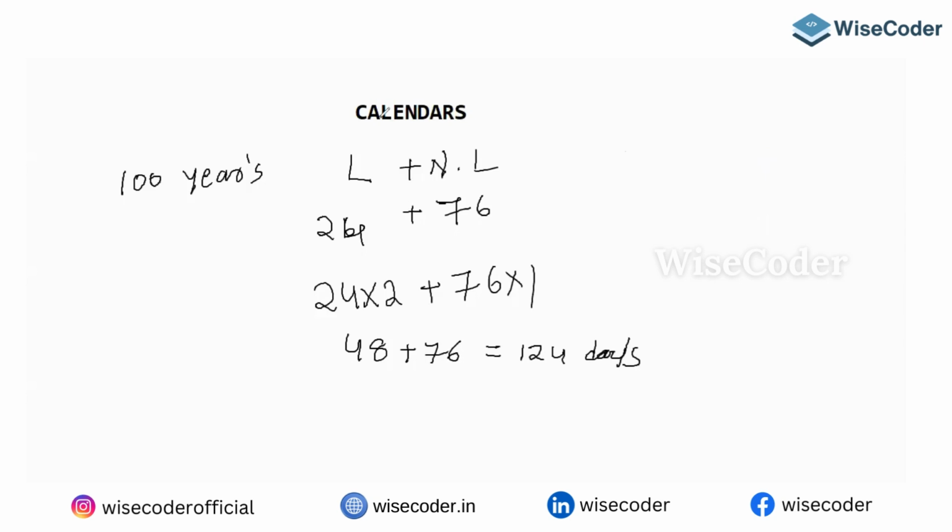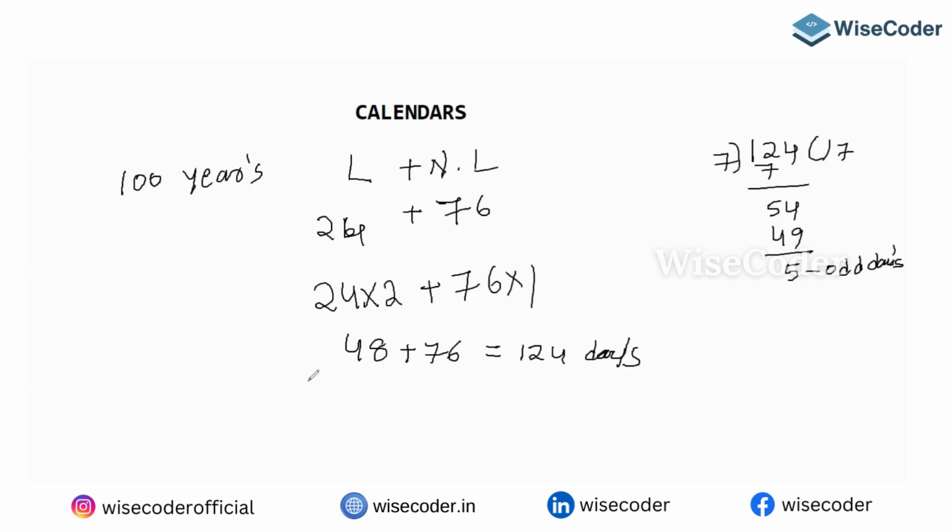Because a week consists of 7 days. 7 ones are 7, 7 fives are 35, and so on; 7 seventeens are 119, and I am left with 5. These 5 days are nothing but odd days.